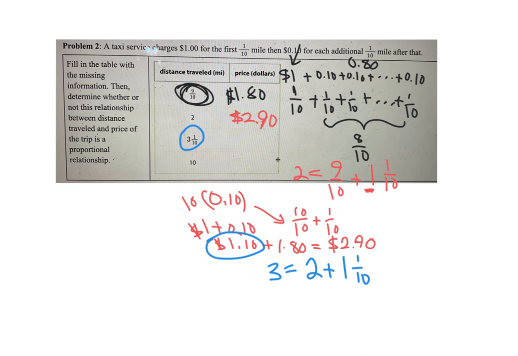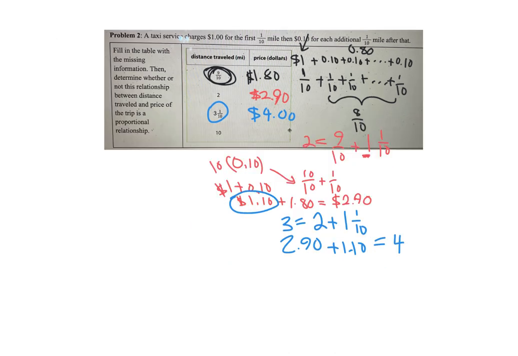So if you add your $2.90 plus your extra $1.10, that's going to give you $4. All right, last one, for distance traveled 10 miles. The thing is, 10 is equal to your 3 and 1/10 plus an extra 6 and 9/10.